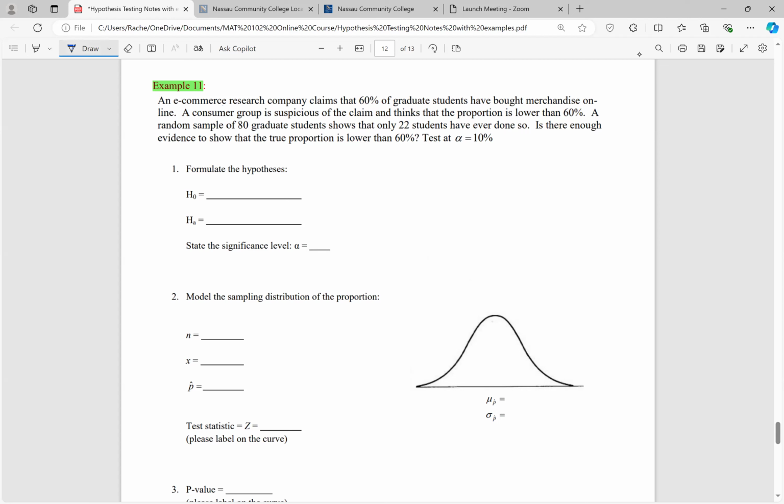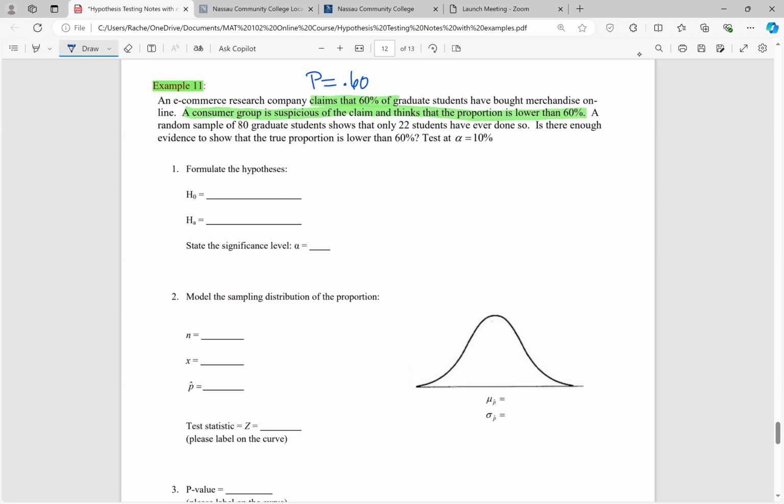An e-commerce research company states that 60% have done so, so the belief is that the proportion is equal to 0.60. But a consumer group comes along and thinks that the proportion is lower than 60%. That's going to be our alternative hypothesis, right? The suspicion is always the alternative.